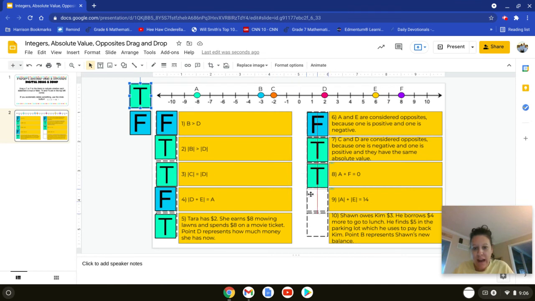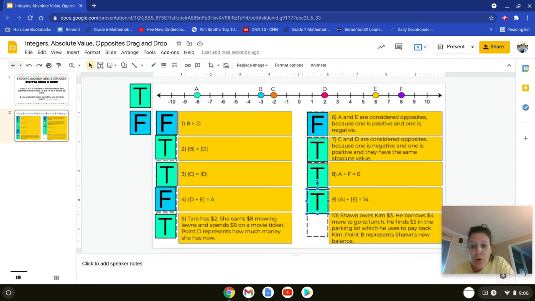Absolute value means how far is a number away from 0. Sean owes Kim $3, so he's -3. He borrows $4 more to go to lunch. Now he owes $7 to people. He finds $5 in the parking lot, which he uses to pay back Kim. Point B represents Sean's amount of money that he still owes. So Sean owes Kim $3.